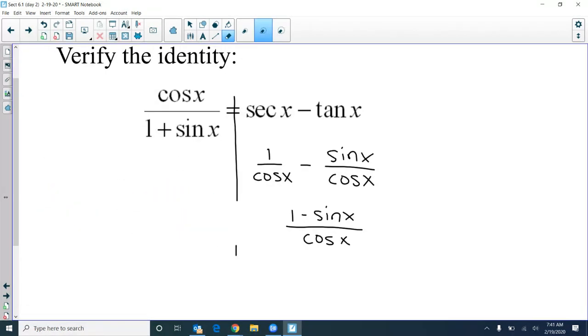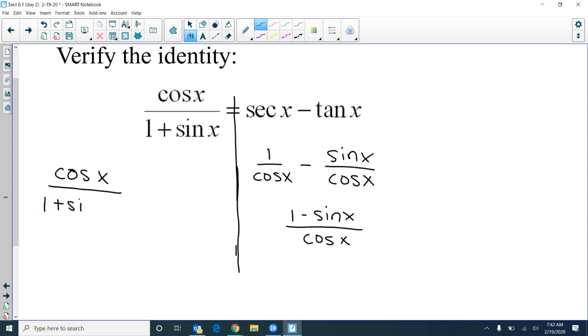Now, I technically have 2. I got this one here, and I got this one. You're better off multiplying the denominator. 9 times out of 10, that's going to be the way. So start on that left-hand side. I'm going to start with cosine of x over 1 plus sine of x.